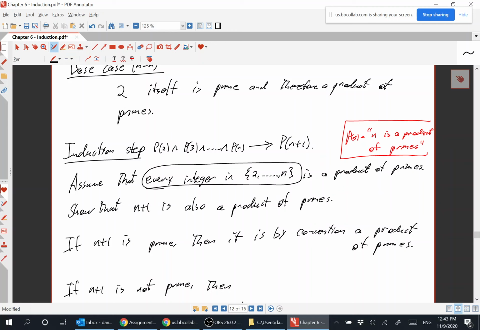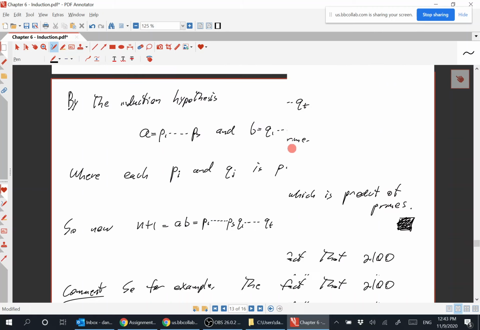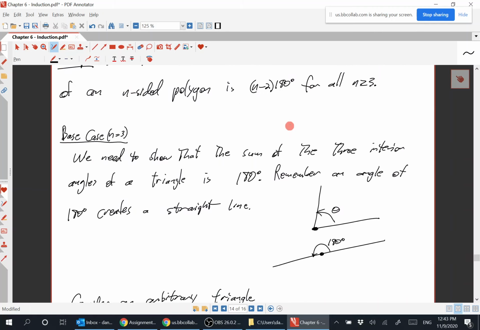I didn't actually refer to the integer; I didn't give that integer a name. Here we can't do that. We can't say assume any polygon with some unspecified number of sides between 2 and n has angles summing up to this. We actually have to refer to the number of sides in the polygon.